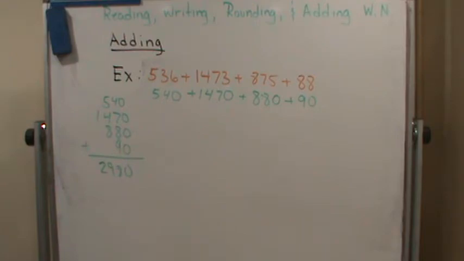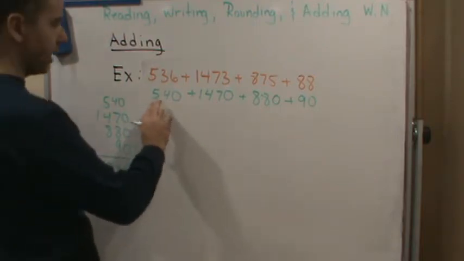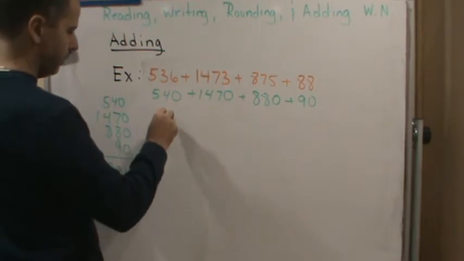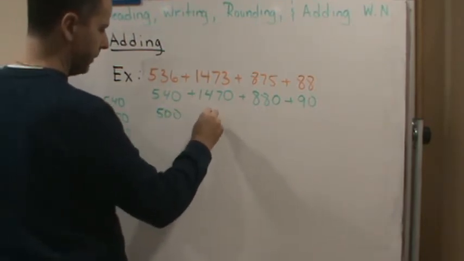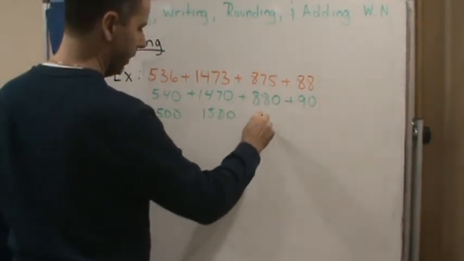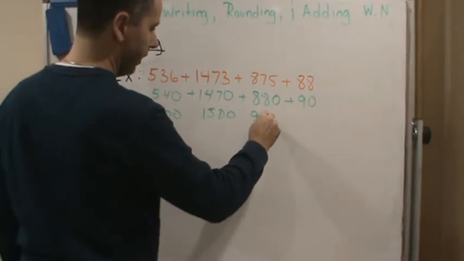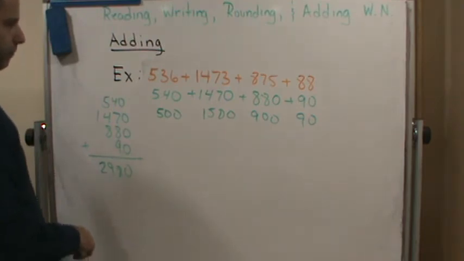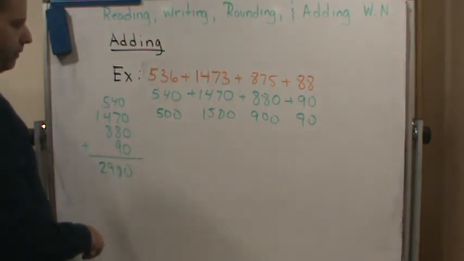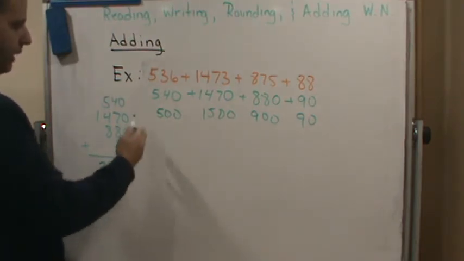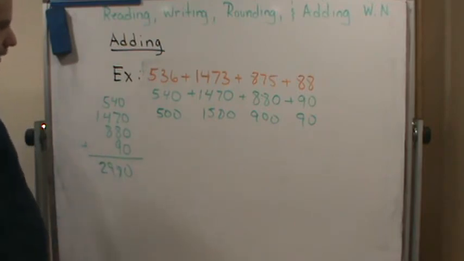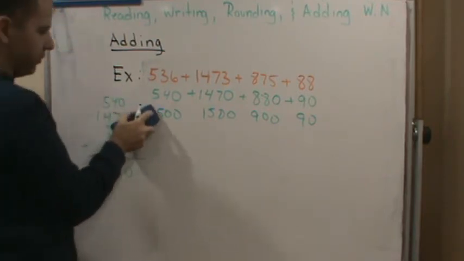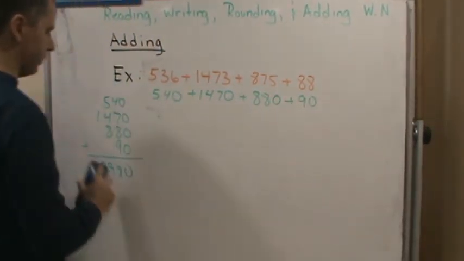Or about, if you wanted to round these to the nearest hundreds, right? So we could do 500, 1,500, 900, and this is 90, right? And so our answer comes out to about 2990, right? So it didn't really change much. So that's why I figured just stick with tens.